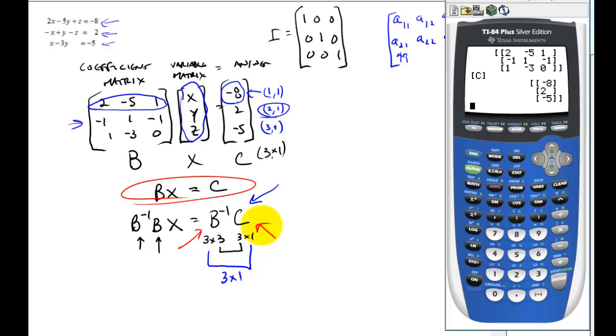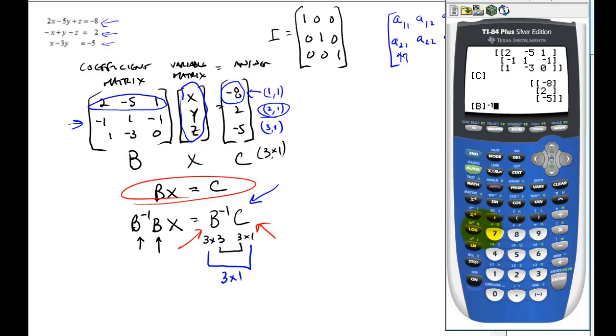So if we do the inverse of matrix B, how do you do that? You go second matrix 2, matrix B, and I'm going to take this button right here, the -1 button. That's the notation for the inverse of a matrix.